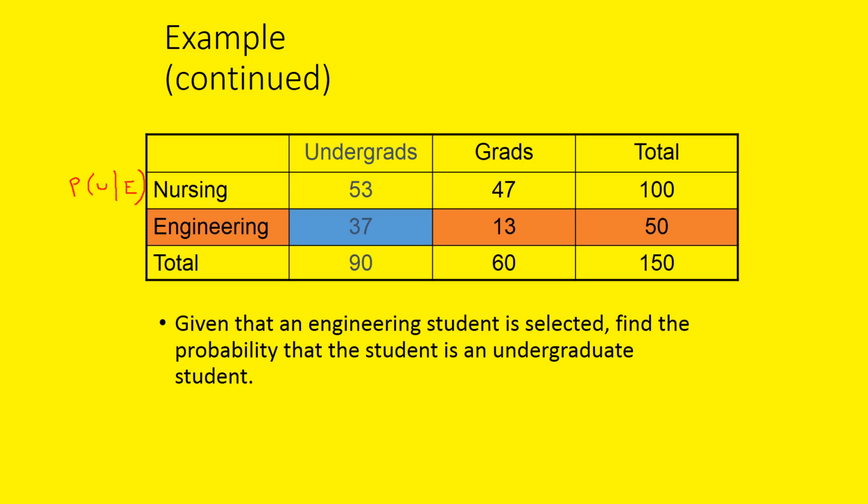Well, we restrict our attention just to that engineering row, and now it's like this row of nursing students doesn't exist. Only the row of engineering students exists. And in that universe, what's the probability of undergrad?